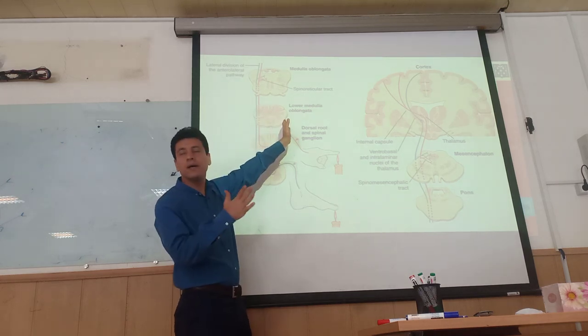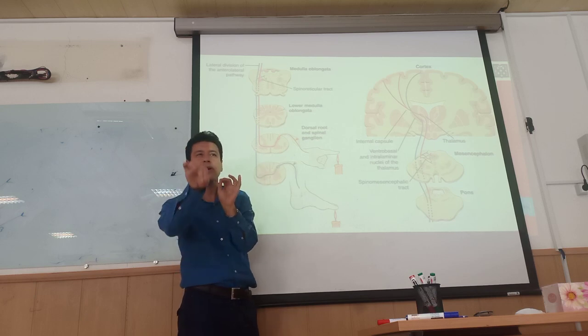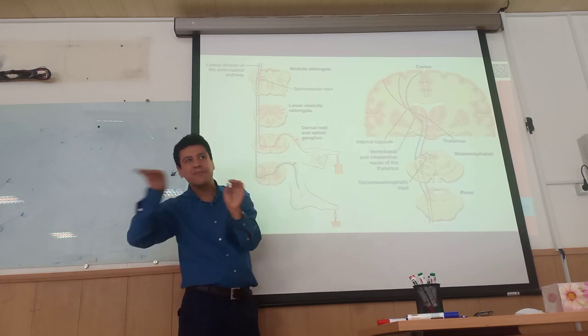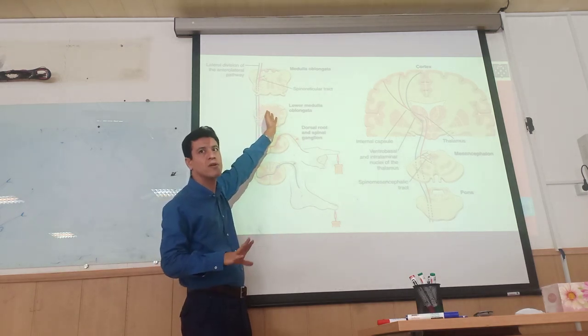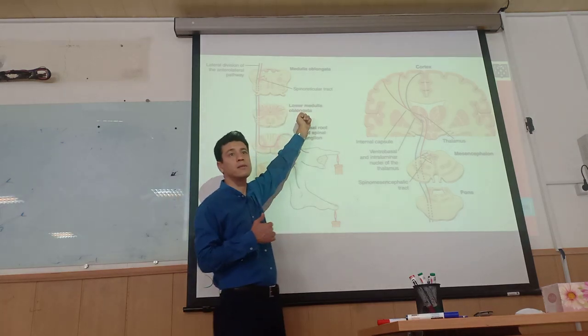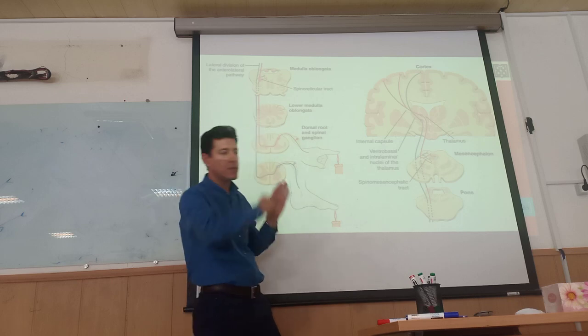They won't stop here in the medulla. But they send some collaterals, right? Some side branches to the reticular formation. Reticular formation of the medulla. So we call this spino-reticular tract, right? But the main fiber goes up.